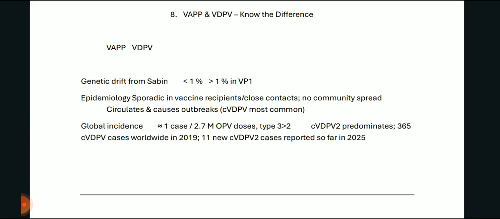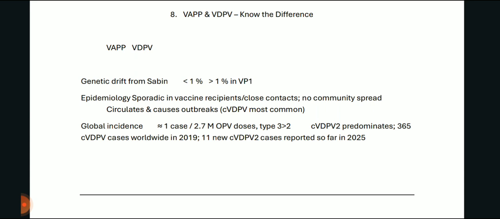About the epidemiology, VAPP is sporadic in vaccine recipients or close contacts and no community spread is there. While VDPV circulates and causes outbreaks, cVDPV is the most common. Global incidence of VAPP is 1 case out of 2.7 million OPV doses. Type 3 is more predominant than type 2. And cVDPV2 predominates in the VDPV part.